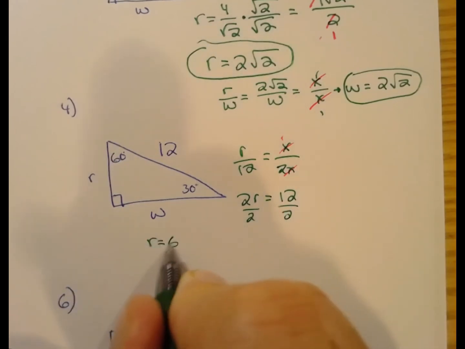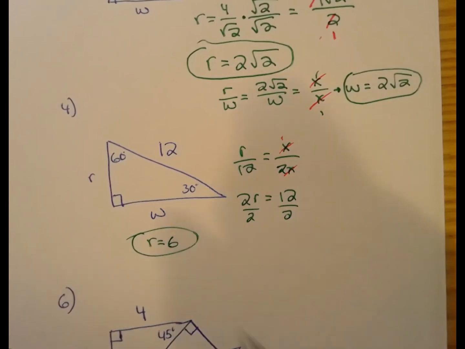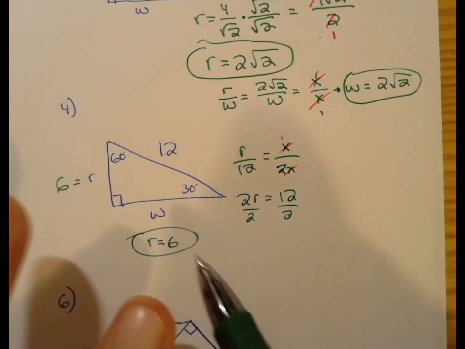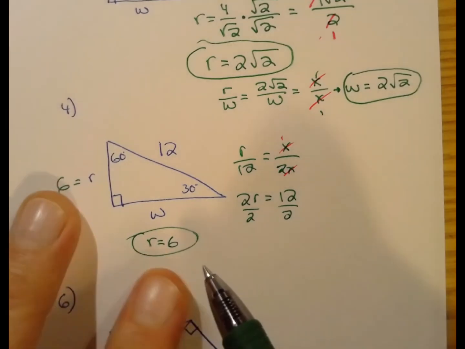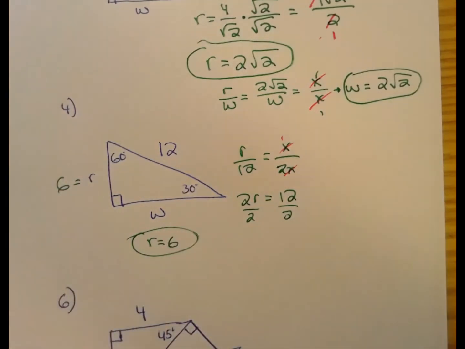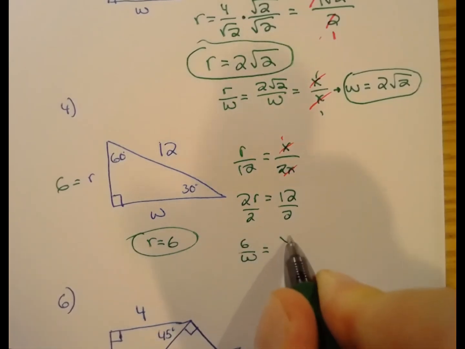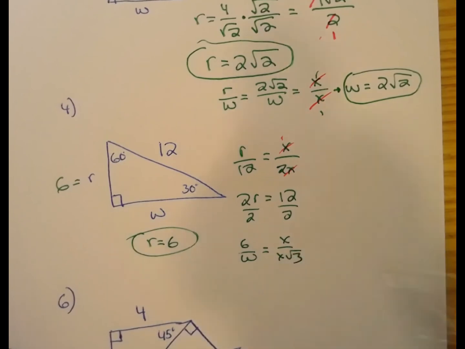R equals 6. And now that we know r is 6, that's actually going to be an easier way to get to w versus using the 12 again. We should just use the short side 6. So 6 over w equals x over x root 3.